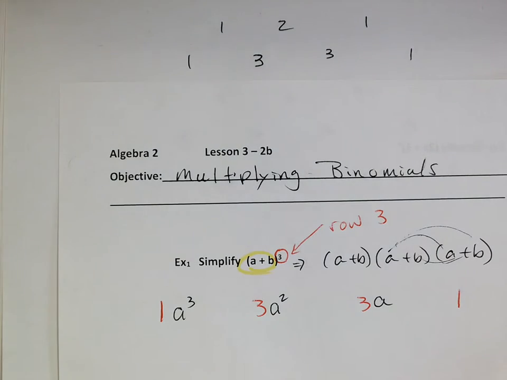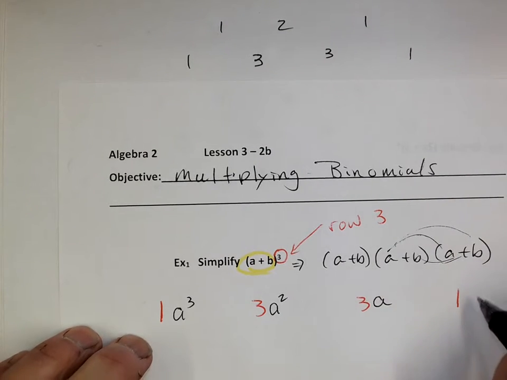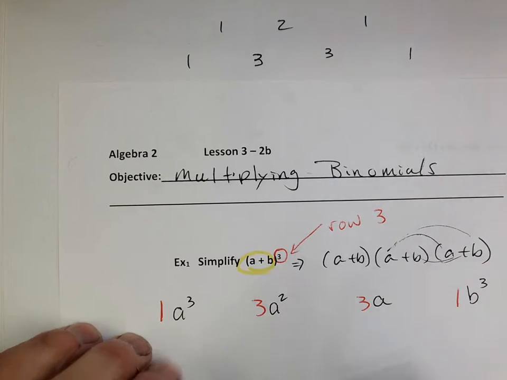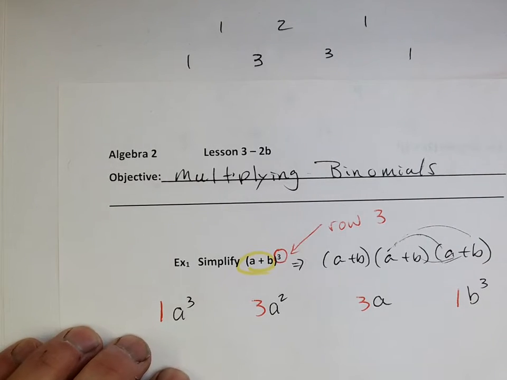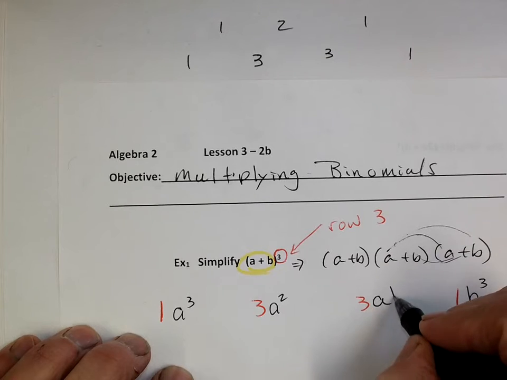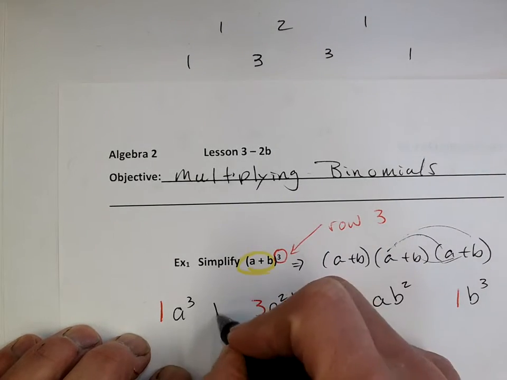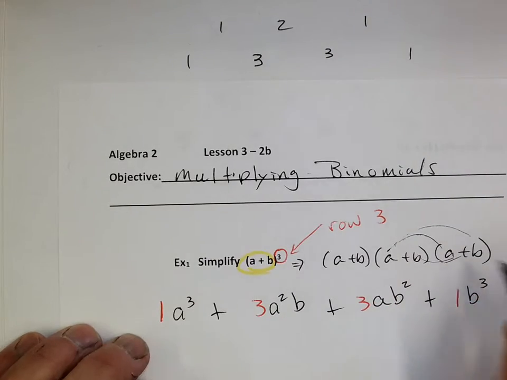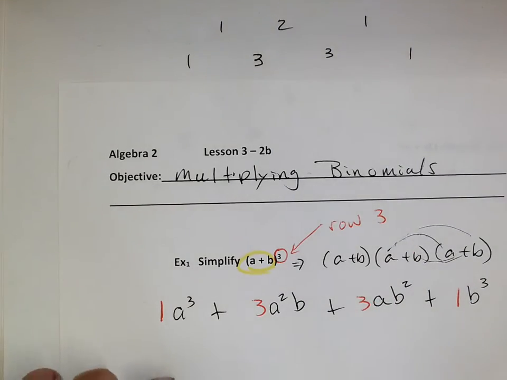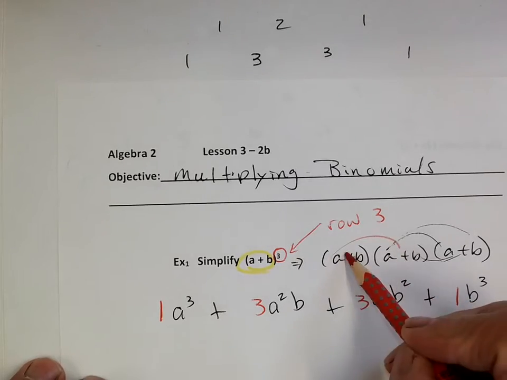And I also know we'd have b times b times b, or b cubed, and I'd have some b squared, and some b, and there's your answer. That is the answer to this multiplied out.